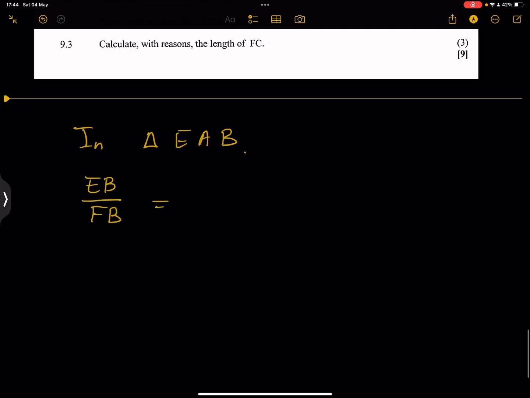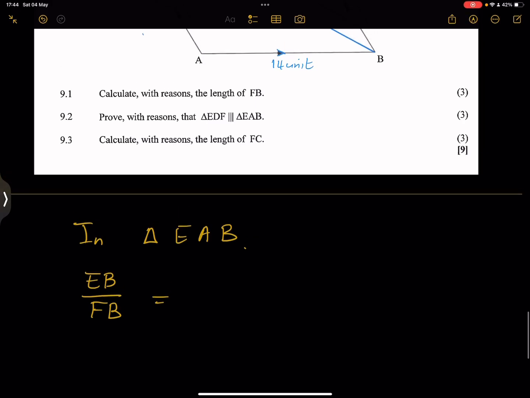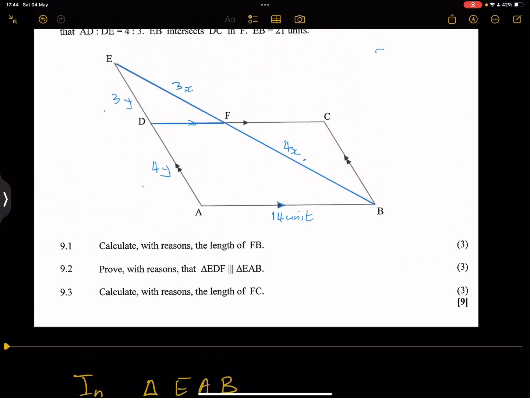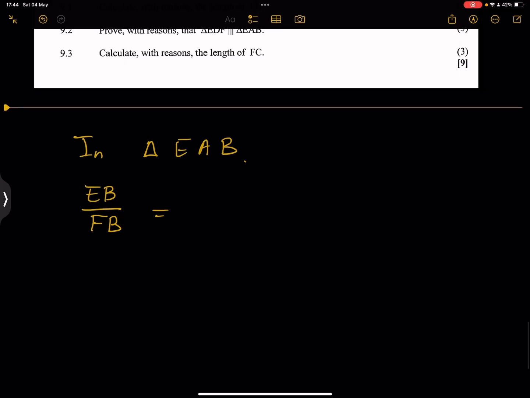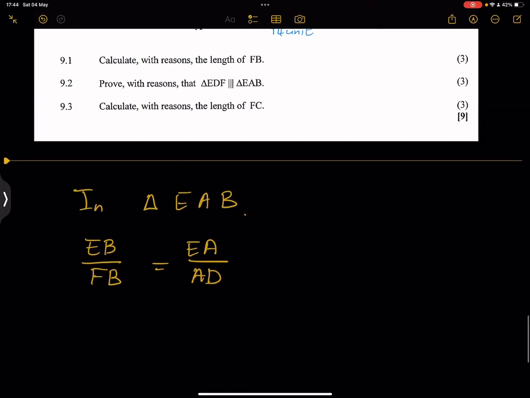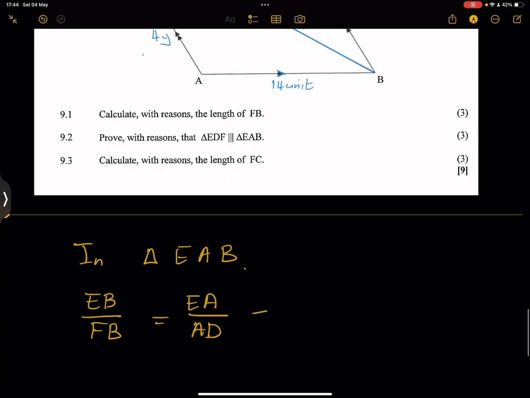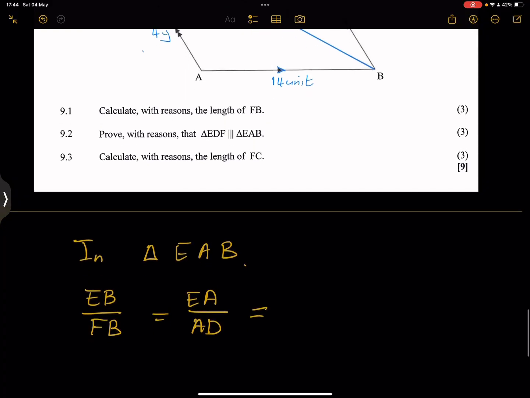This would be equal to, right? So I took the entire length of EB. So this would be the same as EA over AD, right? So that's EA over AD. Now note, what does EA over AD give me? Right, so EA, and by the way, we need to state the reason there.